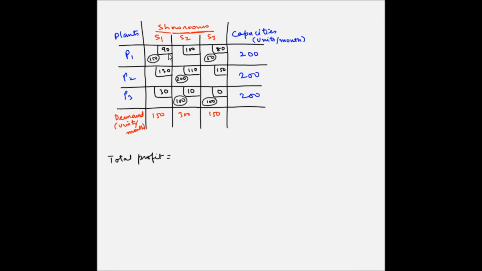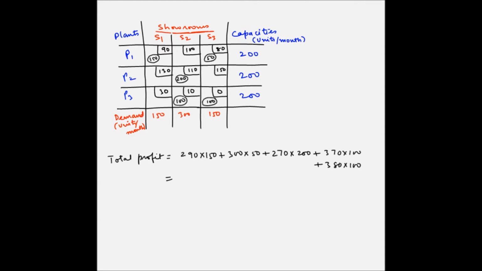So I'll use the profit numbers for these squares and multiply them with these allocations. So we get 290 multiplied by 150 plus 300 multiplied by 50 plus 270 multiplied by 200 plus 370 multiplied by 100 plus 380 multiplied by 100. So let's calculate this.